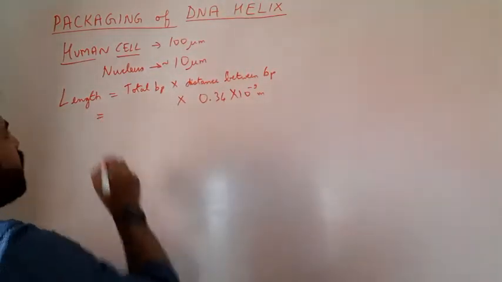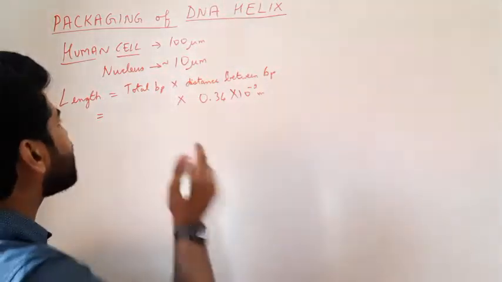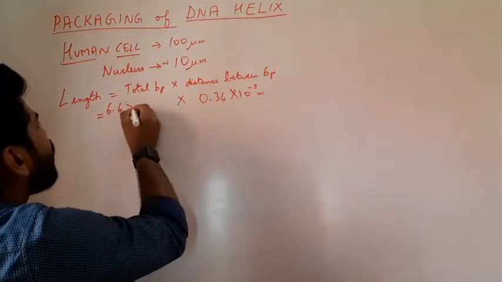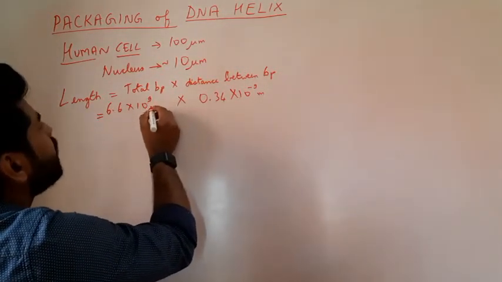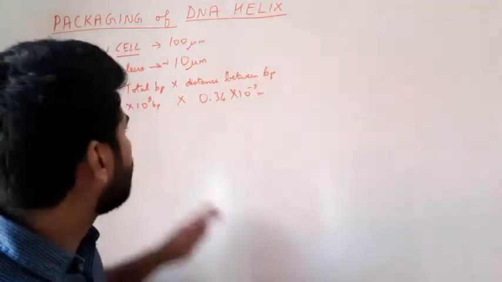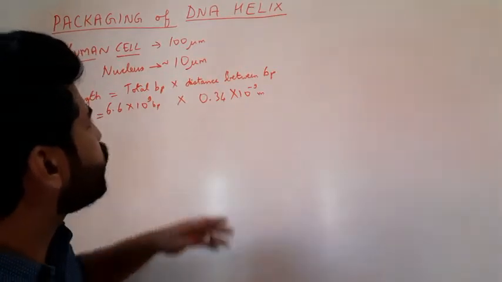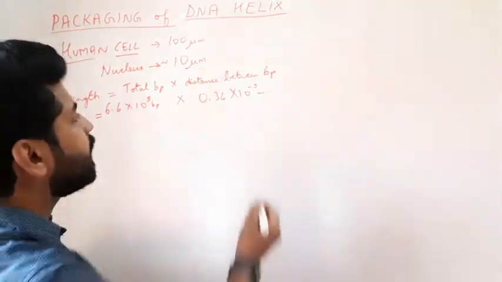And the total base pairs in every human cell, as you know, is 6.6 into 10 to the power 9 base pairs. So, the total number of base pairs times the distance gives us the total length of the DNA.